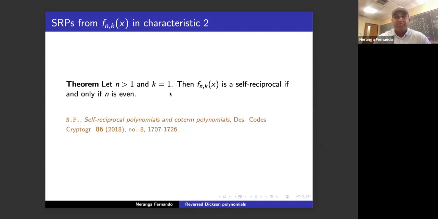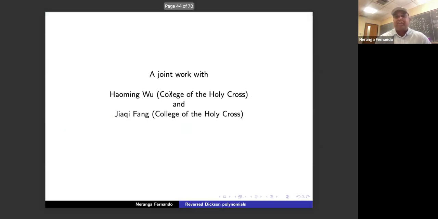So I said, okay, I've been working on these polynomials. We know when they are permutation polynomials. If you have permutations induced by a polynomial, why don't we study the fixed points of those permutations? Why don't we study the cycle types of those permutation polynomials?